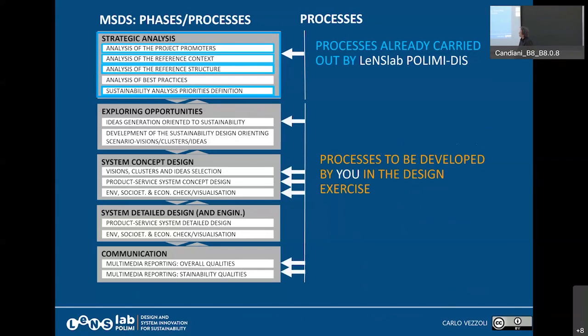So what are you going to do? In the exploring opportunities phase, there is the idea generation oriented to sustainability, and then we will go to system concept design with the clustering of ideas and some evaluation of the concept that you have developed in sustainability terms.